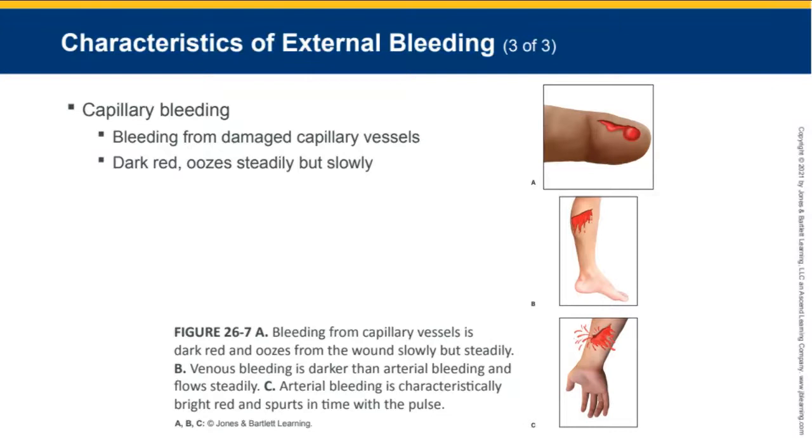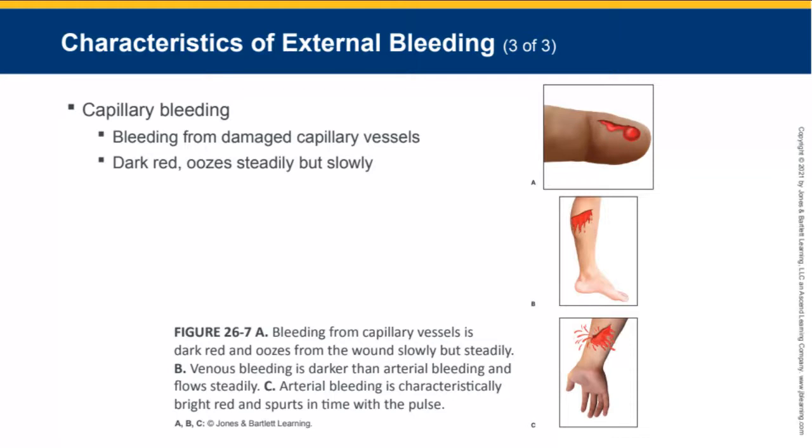Now, capillary bleeding. Capillary bleeding is bleeding from damaged capillary vessels. These are tiny vessels. Therefore, this bleeding is going to be slow. It is going to be dark red and it oozes steadily but slowly.